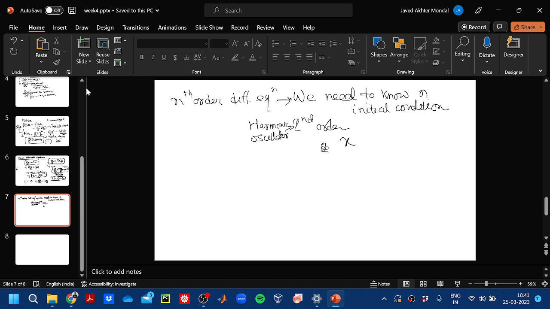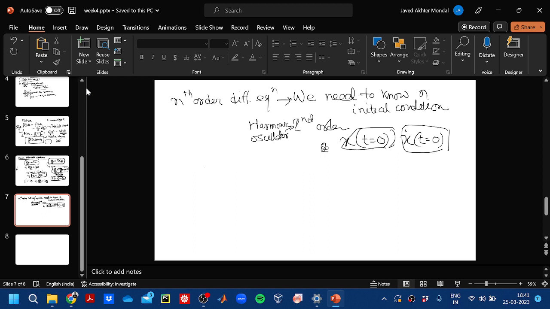It can be the position at the initial time and the velocity at the initial time. If we know these two values, we can calculate both our constants.